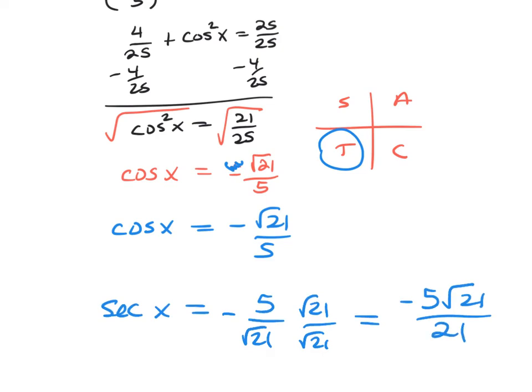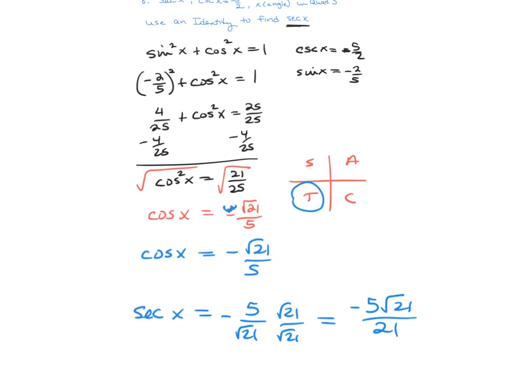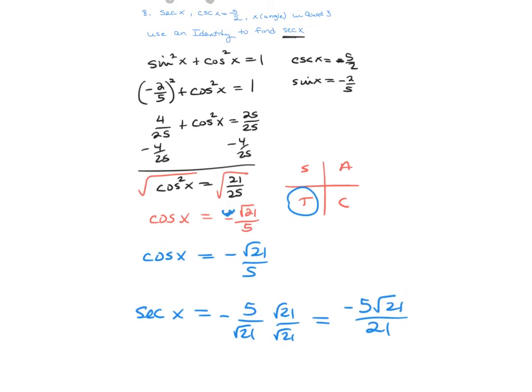Now, in the homework, they're going to ask you to find all of them. So again, you could go back and plug them in. So for tangent, you would divide, cotangent divide. We already had cosecant, we have cosine, we have secant. We already found sine also. So it's just a matter of finding cosine and you divide it.